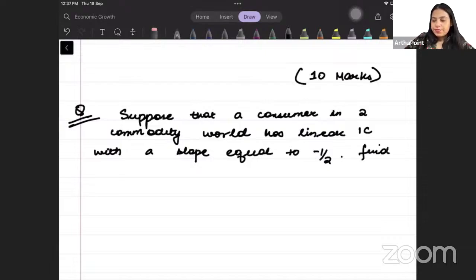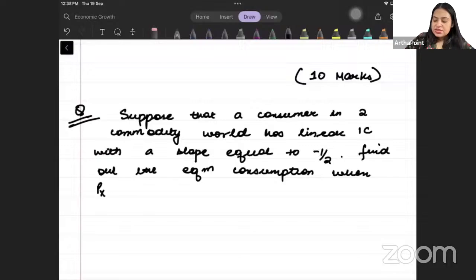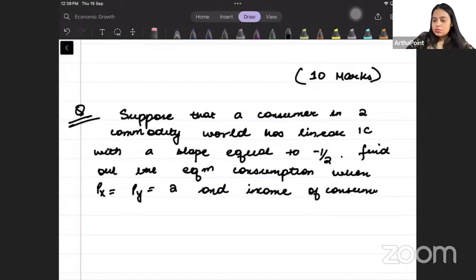Find out the equilibrium consumption when Px is equal to Py is equal to 2 and income of consumer is 2000.